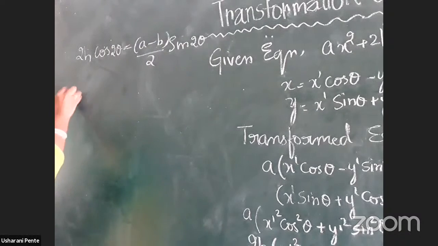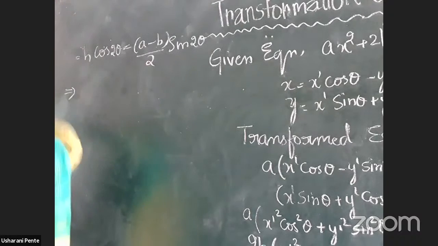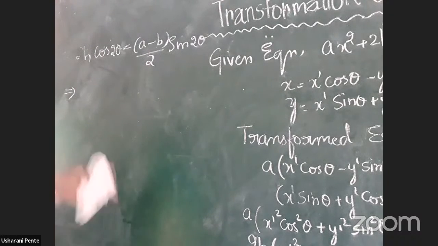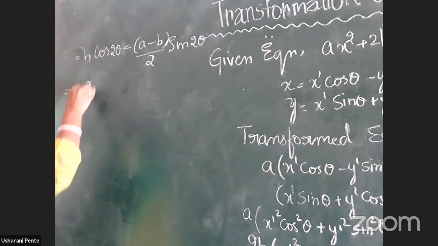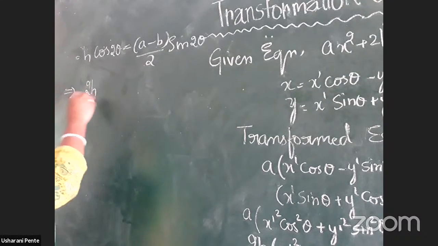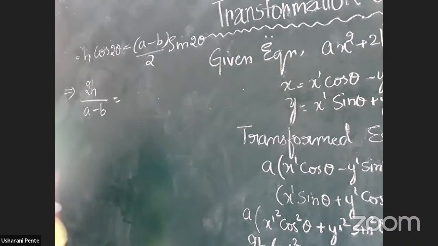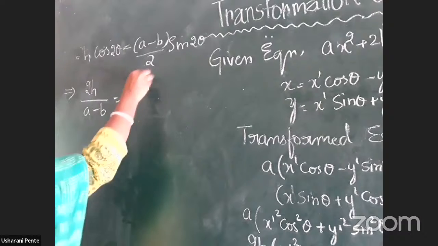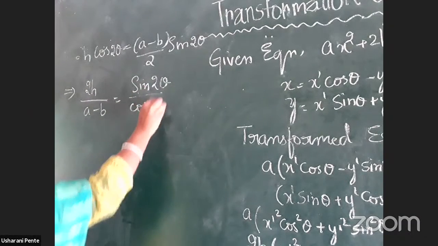That is equal to how much? 2h by a minus b is equal to sin 2 theta by cos 2 theta.